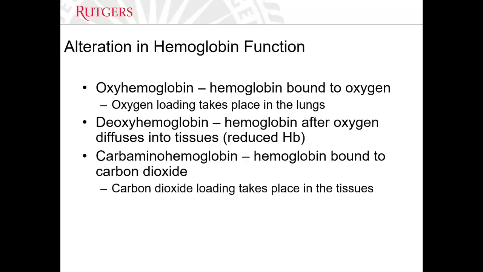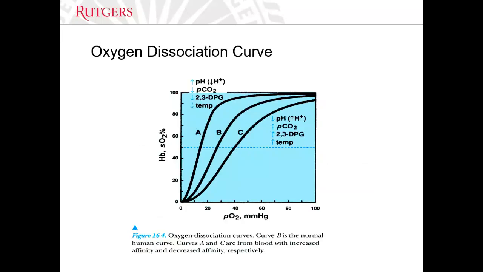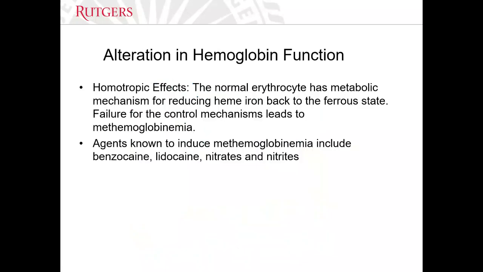Now, I talked a little bit about the alteration in the hemoglobin function, and I want you to know the oxygen dissociation curve and the factors that can result in a right shift or a left shift in the curve. So know those factors that I mentioned right here and what really causes it to shift from A to C, with an increase or decrease in affinity to the oxygen.